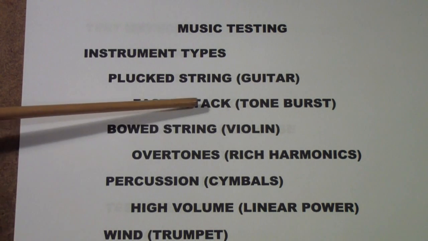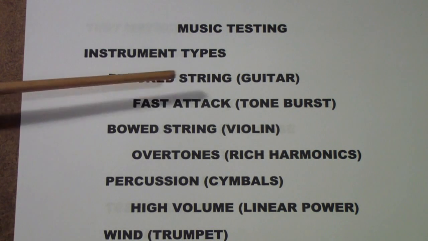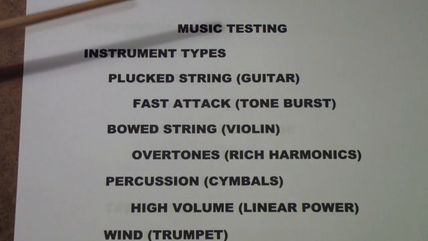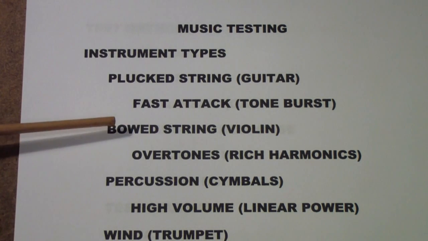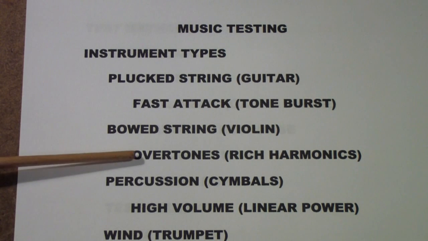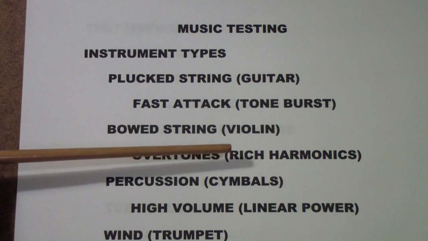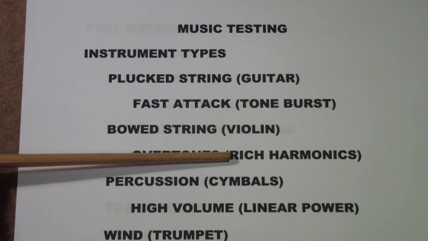Generally, you can emulate the fast attack characteristics of a plucked string instrument with a tone burst like I just showed you. A bowed string instrument like a violin often has a lot of overtones. So for that, you want something that is rich in harmonics. And in a minute, we'll talk about some signals that you can use.